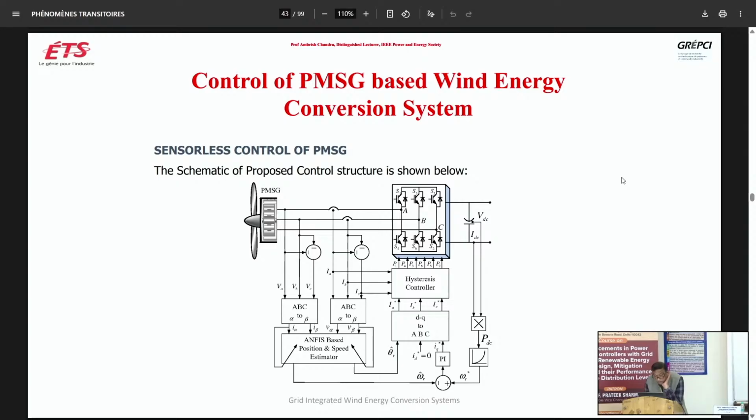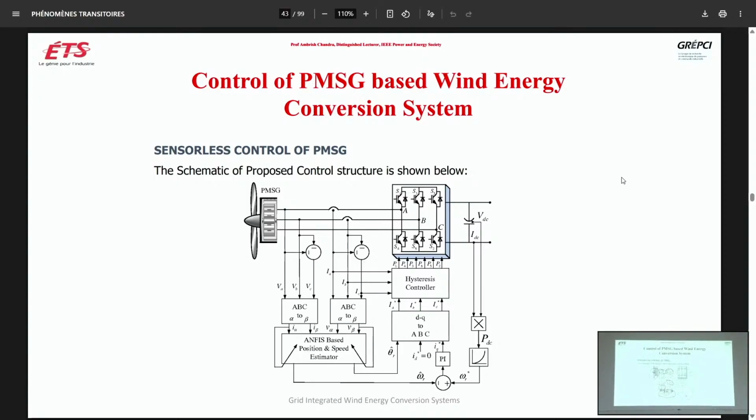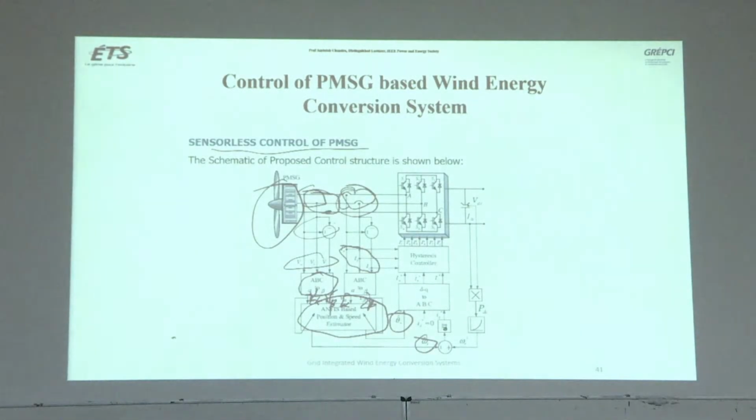Actually it should be voltage alpha and voltage beta, current alpha, current beta. And then he used the ANFIS control algorithm for position and speed estimation. So position and speed estimation was done.